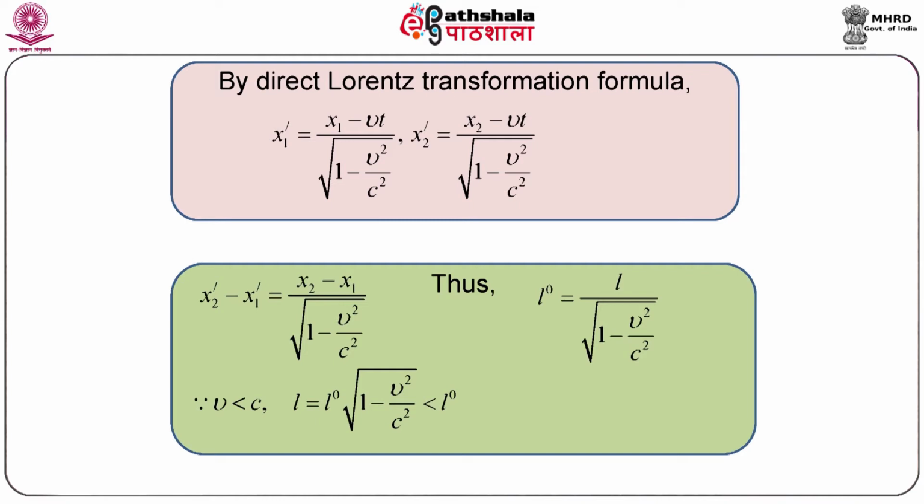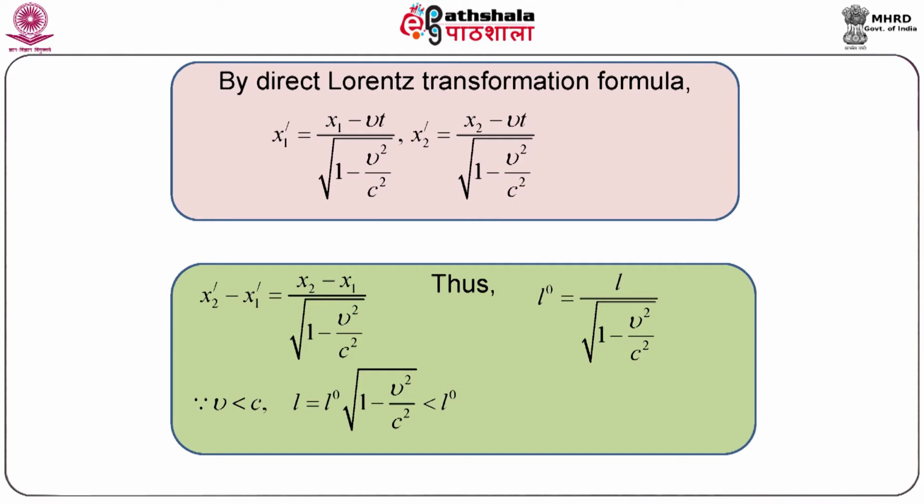From this relation, if we multiply L0 with this quantity, that is square root of 1 minus v square divided by c square, we get L equal to L0, 0 is used as superscript, into square root of 1 minus v square divided by c square.